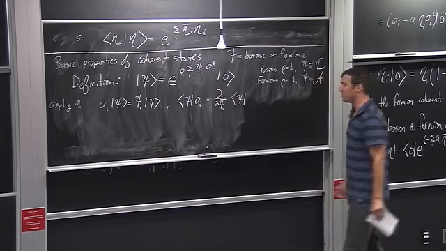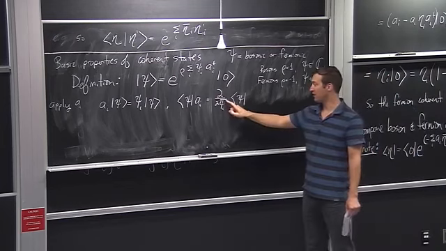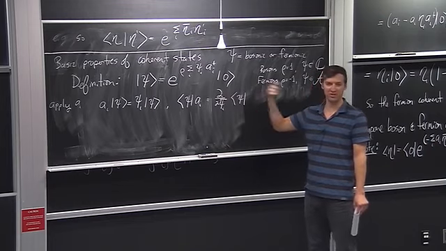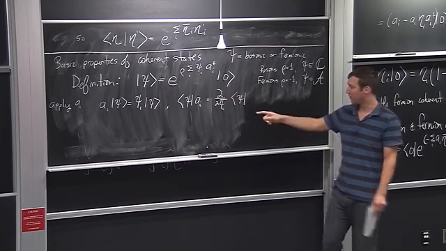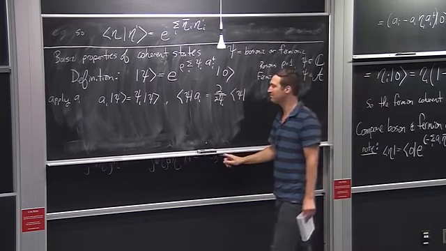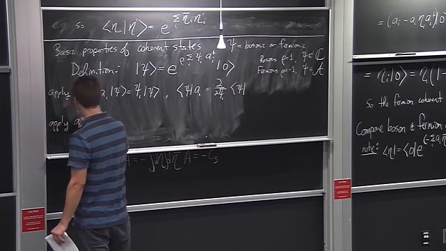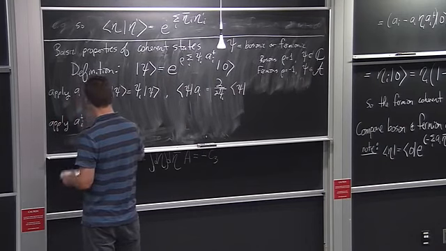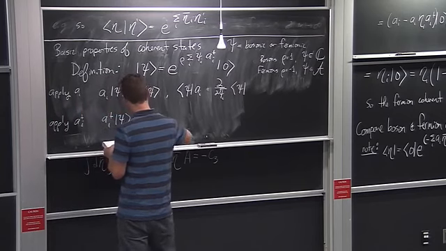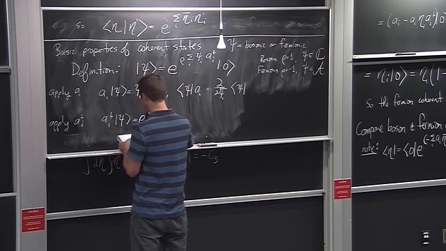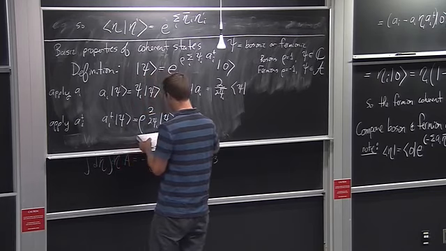And some of these things you've seen, just in a different sort of language. So remember that bar now is the complex conjugate for bosons, and it's just the conjugate operator for fermions. So we apply a dagger. There's a minus sign you have to worry about.